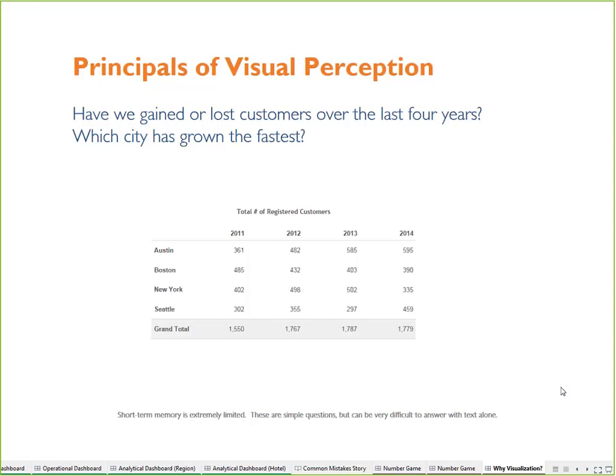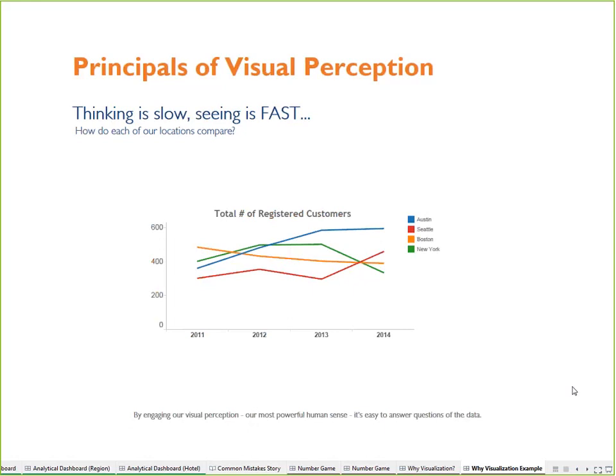Or which city has grown the fastest? You're going to be able to figure it out, but it takes a great deal of mental processing to arrive at that answer. Whereas if we encoded this visually with a line graph, it's very easy to see the answer to our questions. By engaging our visual perception, which is our most powerful human sense, it's easy to answer these questions of the data.